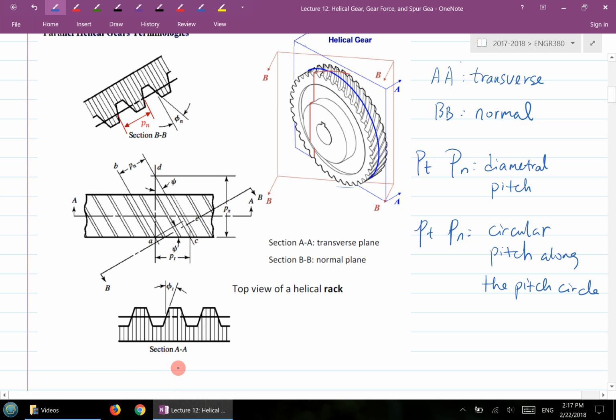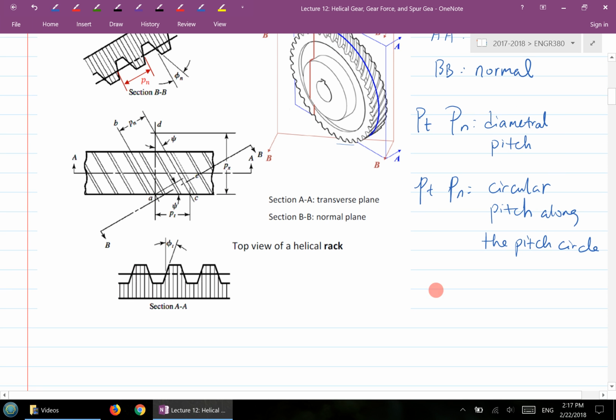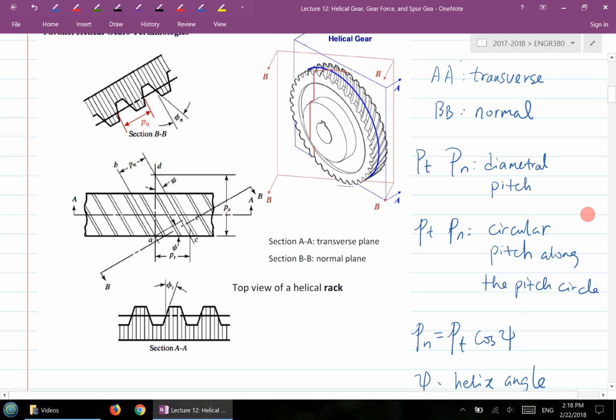There's a connection between these parameters. Pn is equal to Pt times cosine phi, where phi is the so-called helix angle. The helix angle is the angle parameter referring to the helical curve of the teeth.